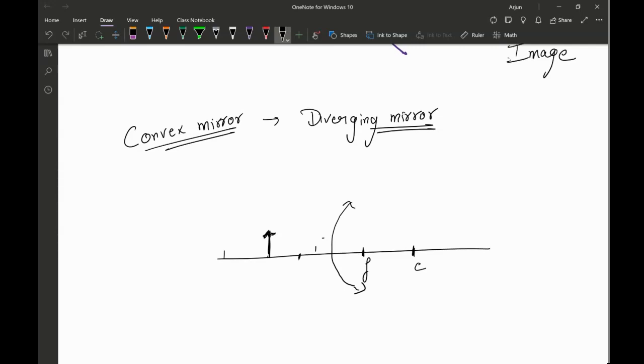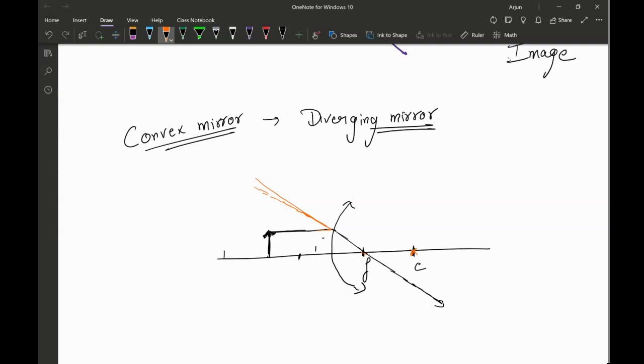Now, first ray parallel to the axis, same story, passing through the focal point. Ideally, this ray will strike this surface and move in this direction. But on the other side, we're going to pass it through the focal point. That's how we're going to show it.